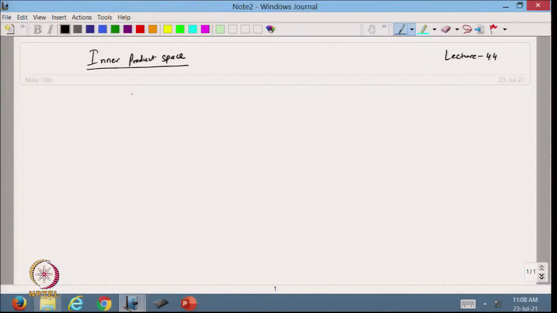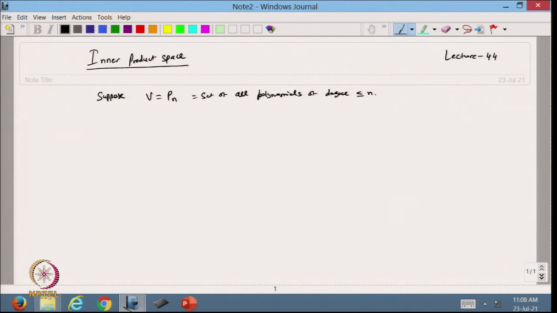vector space of polynomials. Suppose we have a vector space V that is the set of all polynomials of degree less than or equal to n.